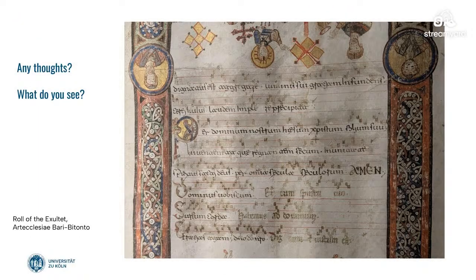And the second example: I composed lots of the slides for a seminar I gave in Bari last year. The day before, we went to the museum where the Exultet Roll was exposed. I was looking at it and I was like, oh, there is actually also a palimpsest on the page.